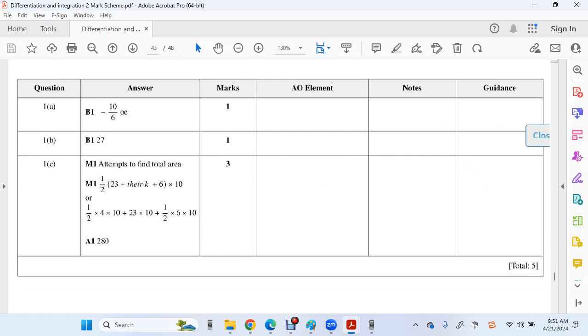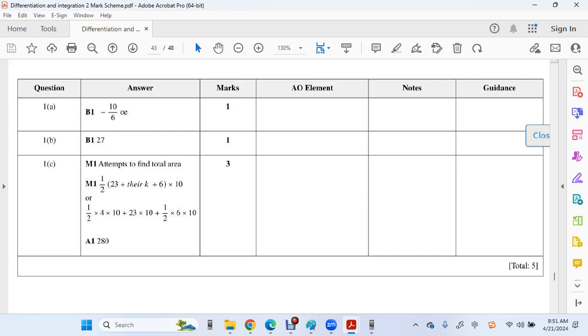So we look at the answer scheme here. For part A, we have negative 10 over 6 or equivalent, then you get 1 mark. B1. The examiner will ignore all your steps as long as they see your negative 10 over 6, then 1 mark. And for B also, as long as there's a 27 there, you get 1 mark. And then for C, the method marks: the first method mark is that you attempt to find the total area.